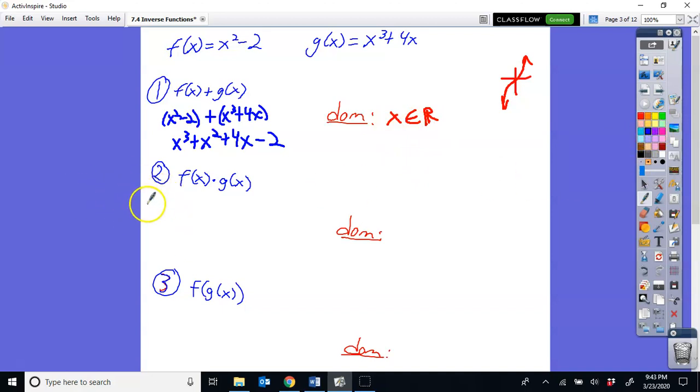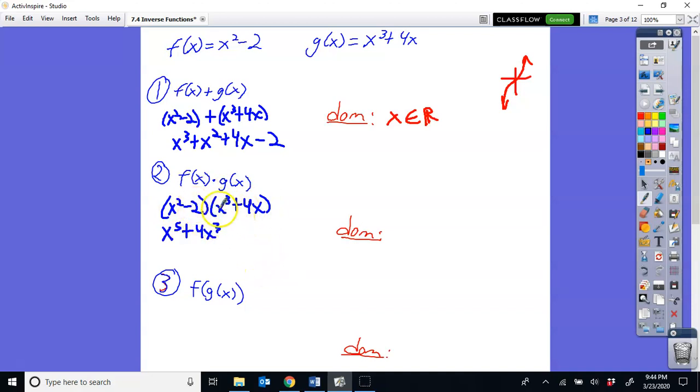Number 2, f of x times g of x. You take x squared minus 2 times x cubed plus 4x. Notice on this one, you are multiplying, so you'll be using the FOIL method. x squared times x cubed, that's x to the 5th. x squared times 4x, that's 4x cubed.